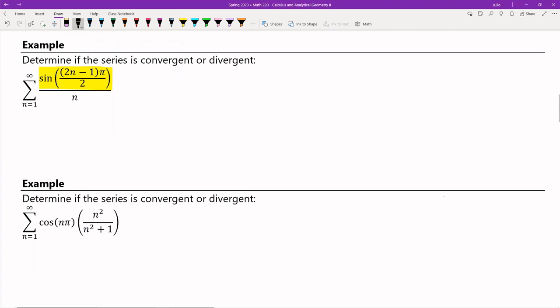To see this, we're going to need the unit circle. If you don't have it, that's okay. I'm going to draw it really quick and do a nice quick review of trig. Here's my unit circle.